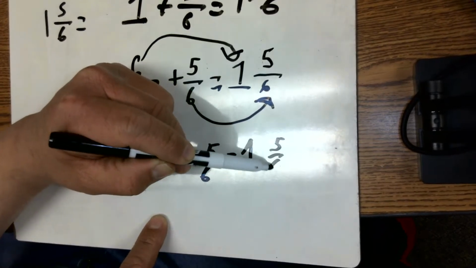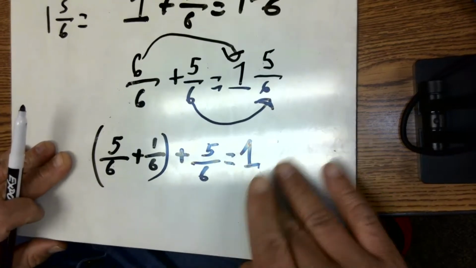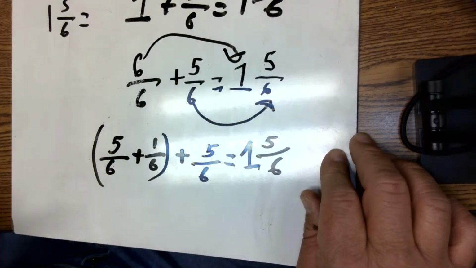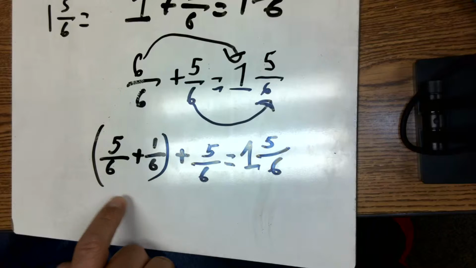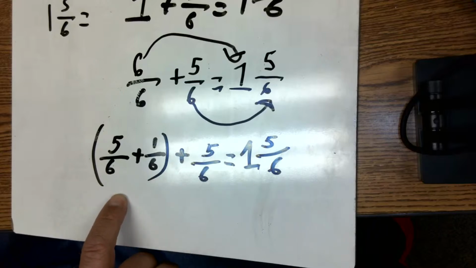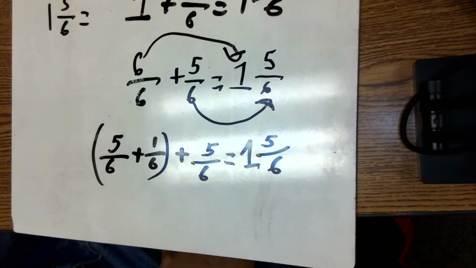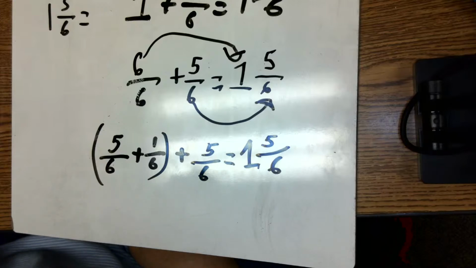And again, it's 1 and 5/6. Because in math, whatever you put in parentheses, you have to do it first. So 5/6 plus 1/6 plus the other 5/6 is 1 and 5/6. But I thought that might be a little confusing for you.